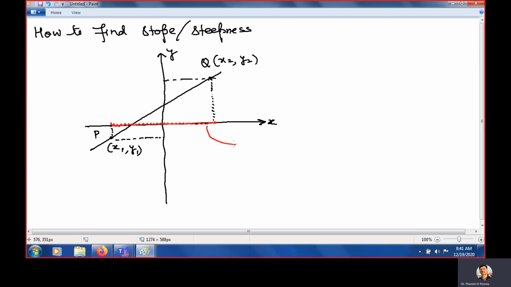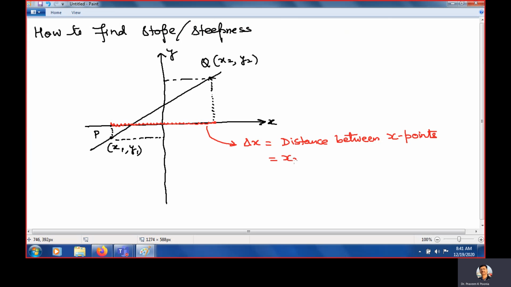This distance is named delta x. Clear? Delta x means distance between x points. And what is this distance?